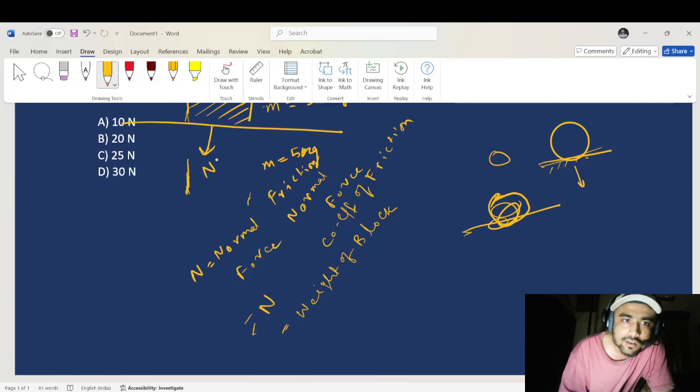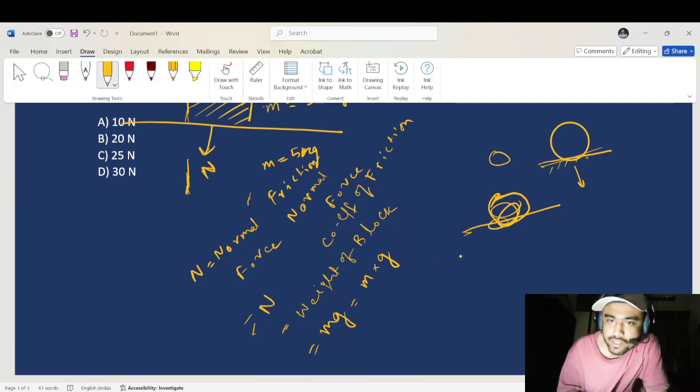So N will be the normal force acting perpendicular to the horizontal surface, which is basically equal to mg. Weight equals mg. m is the mass of the block and g is the acceleration due to gravity, the acceleration generated due to gravitational pull, which we know is approximately 10 meters per second square.